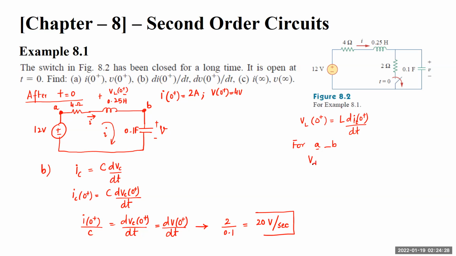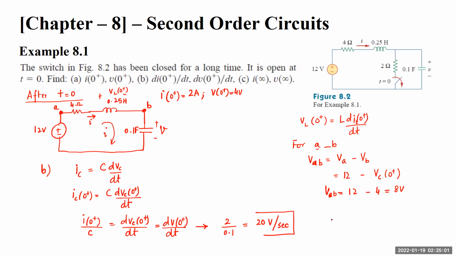So VAB is given as VA minus VB. VA is basically 12 volts, minus VB, which is determined by VC(0+). VC(0+) is 4 volts. So 12 minus 4 is equal to 8 volts, right? So VAB is 8 volts.